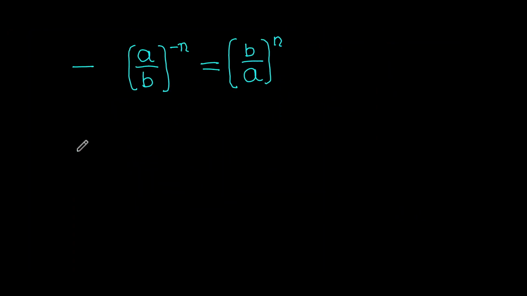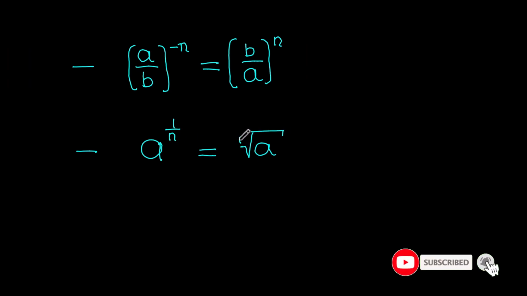Now let's move on and have another one. If I have a number a, and by the way I'm using a throughout, any letter of your choice is allowed. If we have a raised to power 1 over n, we can treat this as we have our a under a root sign, then we bring this number n here.